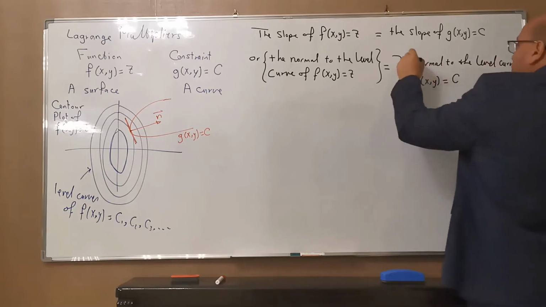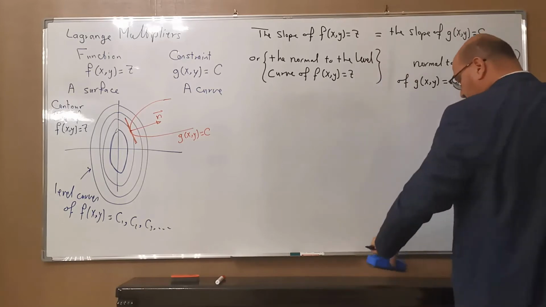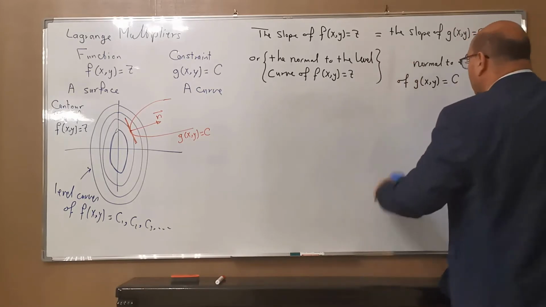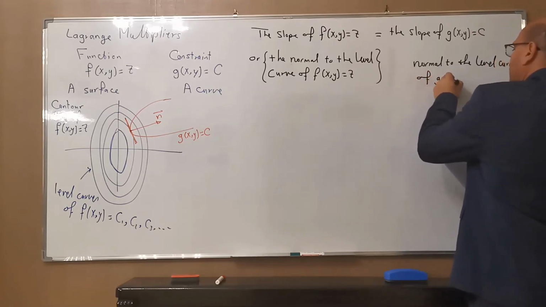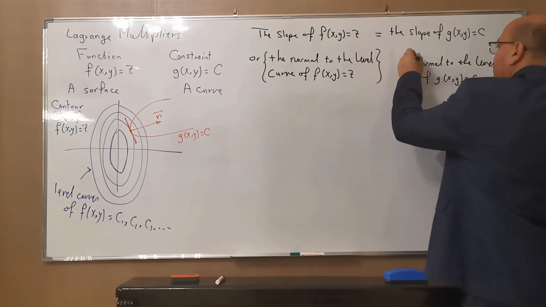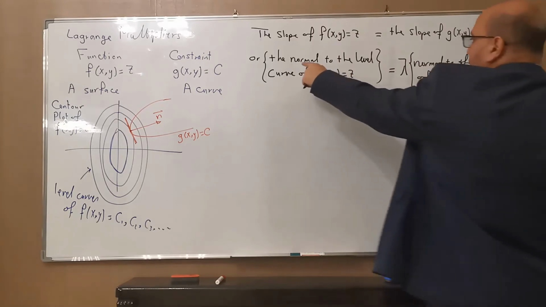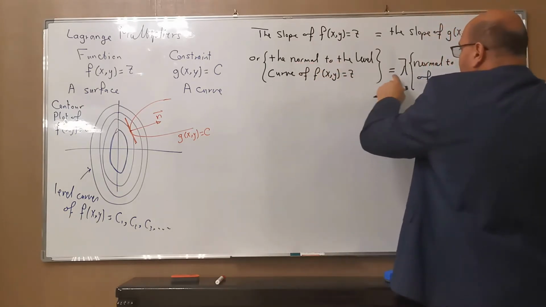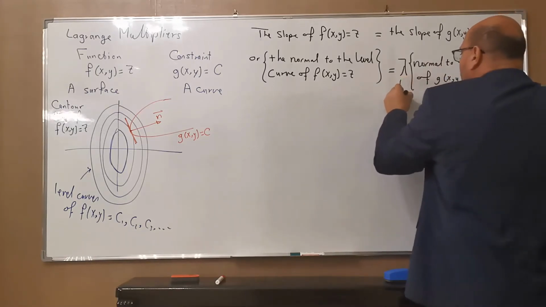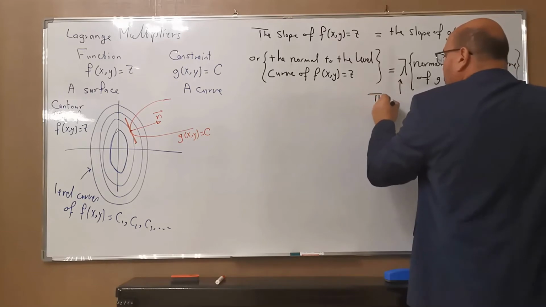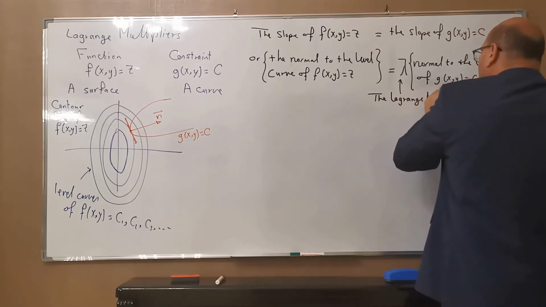Okay, so let's take this lambda outside, put it in a nice form like this. Okay, so the normal to the level curve is proportional to the normal of the level curve of g of x, and this lambda is called the Lagrange multiplier.